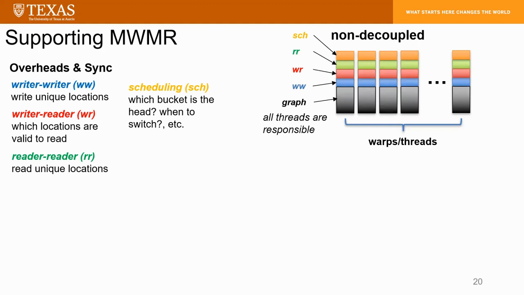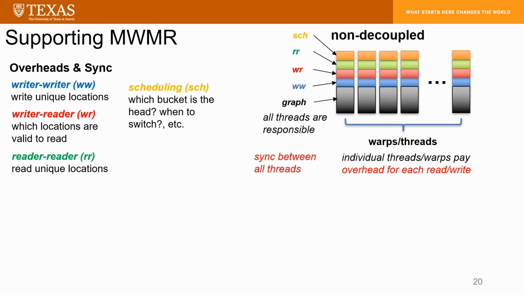In a traditional non-decoupled approach, all threads are responsible for work scheduling on top of processing the graph. That means they must perform those work scheduling related tasks in a synchronized way. So individual threads must pay the overhead each time they read and write the buffer. And also, synchronization is required between all those threads.